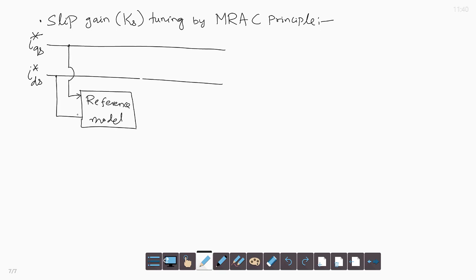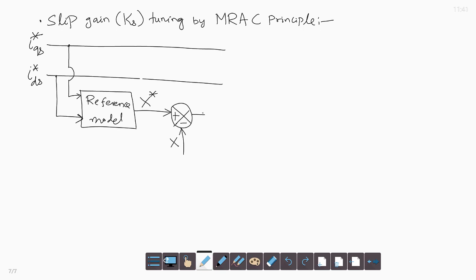ID star and IQ star are the inputs, and it computes a reference output x star. The actual output x is subtracted from x star.